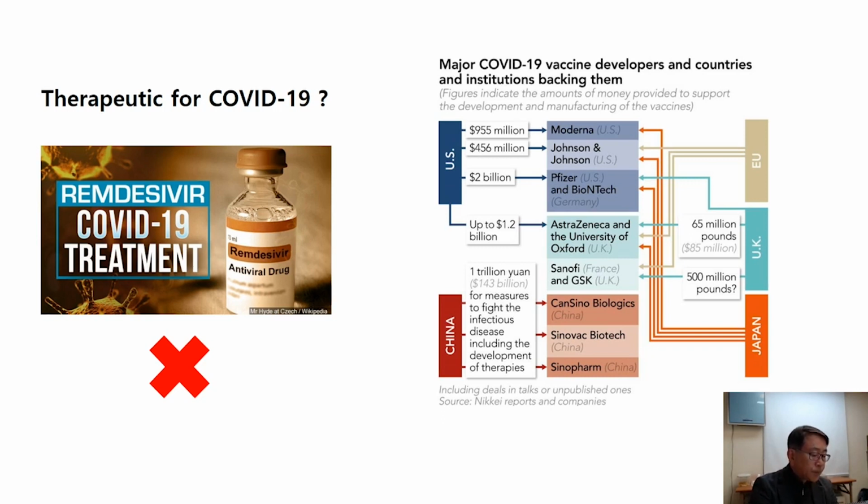Gilead Sciences searched for medicines that could be used for treatment of COVID-19 patients, and found several candidates such as remdesivir, as you may have heard, and chloroquine, to name a few.